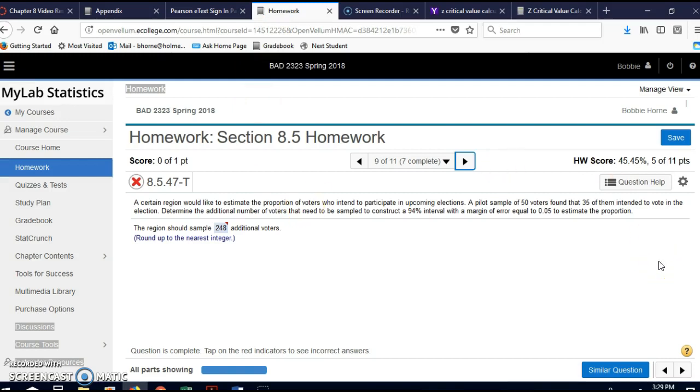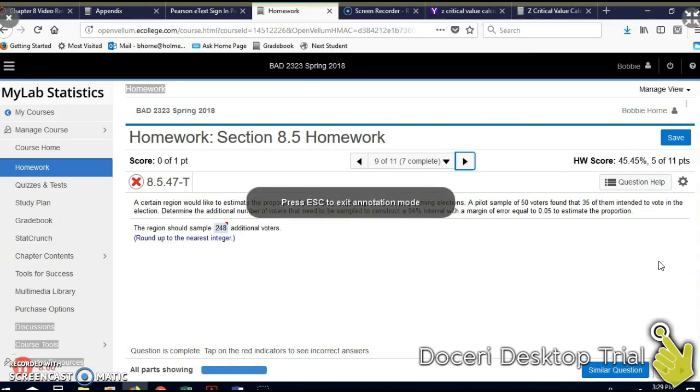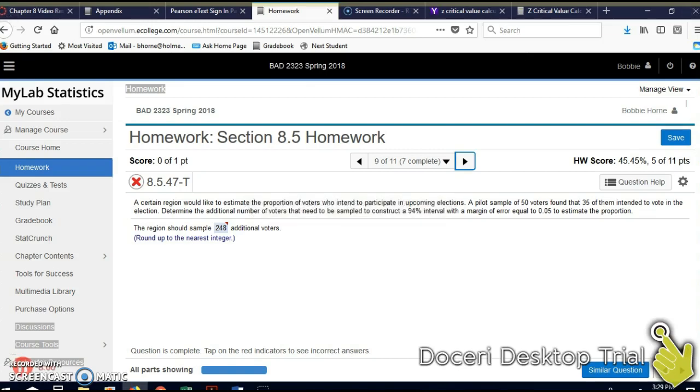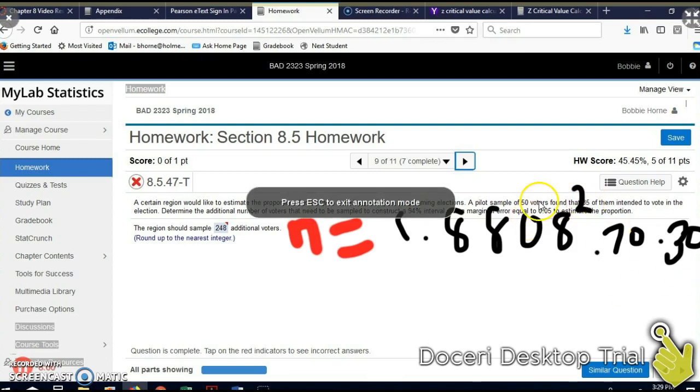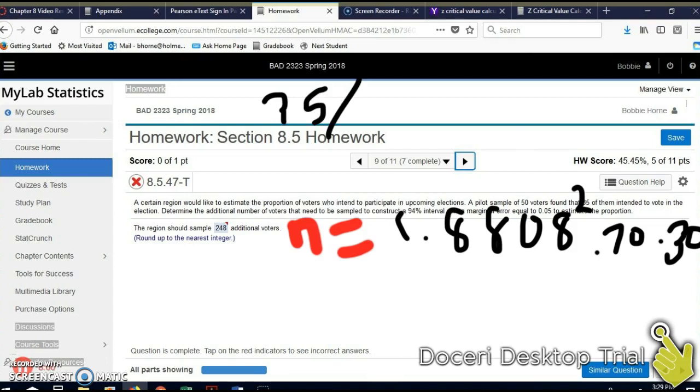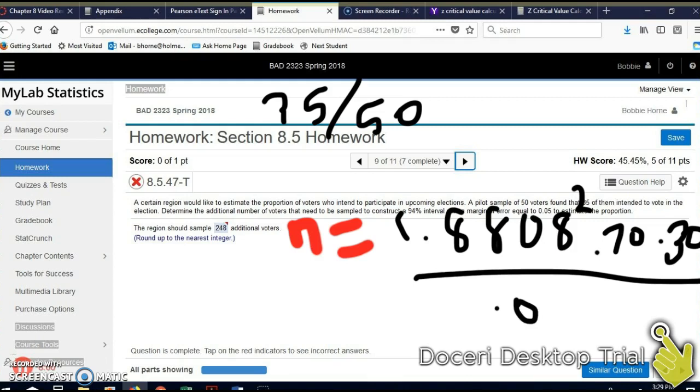So now we can use our formula. N equals 1.8808 squared times 0.70 times 0.30. The way I got 0.70 is I did the 35 out of the 50 voters, and 1 minus 0.70 would be 0.30, and the margin of error is 0.05 squared.